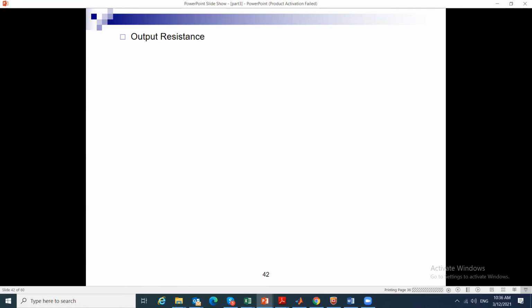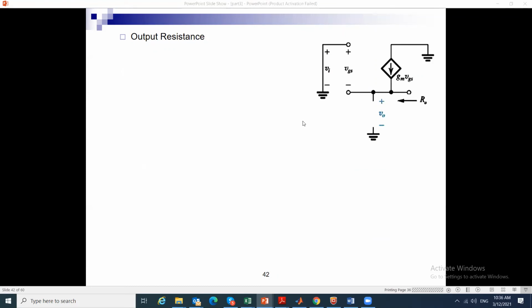Let's see the output resistance. We already derived it in its many forms. Here, I'm going to draw it as an effective transistor with the gate grounded. If RL is the only source resistance, I'm going to look from this node with R infinity here, so it will be really looking up and down.